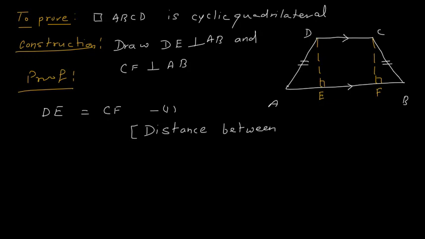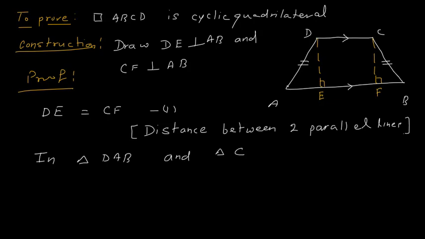So the distance between two parallel lines is equal. So DE is equal to CF. Now I will take triangle DAB and triangle CBF.